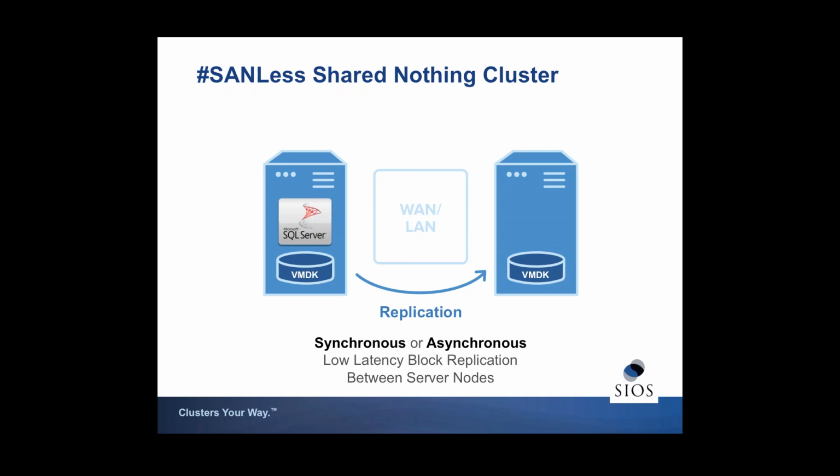You get to set up a native SQL failover cluster instance, yet you don't lose some of the key capabilities that the VMware platform provides, like vMotion, DRS, sometimes snapshotting and things like that. So with this type of configuration, you've got these virtual machines with independent storage. We're doing real-time replication.